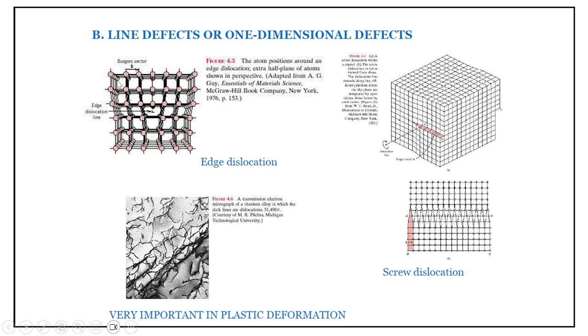Edge dislocation, you can see in the first diagram. The edges alone will be dislocating. As I said in the substitution atoms, if the size of the solute atom is more than the solvent atom, it will form a barrel distortion.